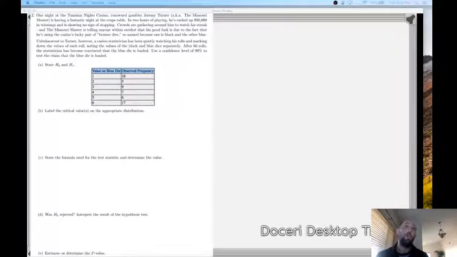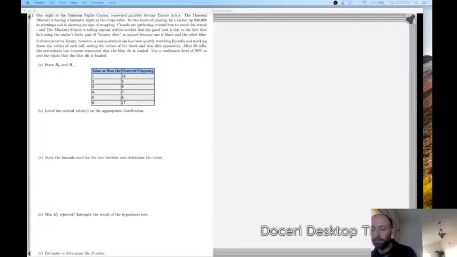We always assume for the null that the distribution is fit. The alternate is saying that the distribution does not fit what is expected, and so if we're able to reject the null in these situations, we're able to then show that the distribution does not fit. The distribution not fitting in this situation would imply that the die is loaded.